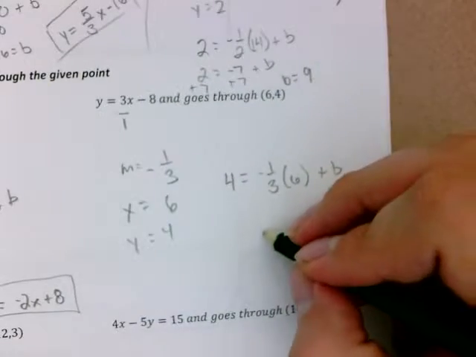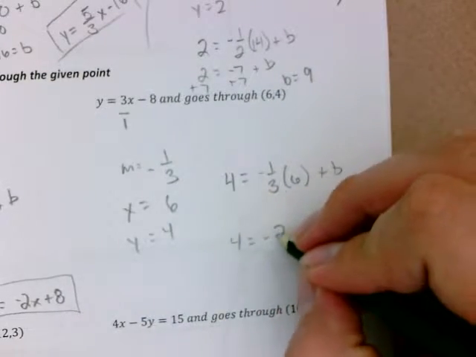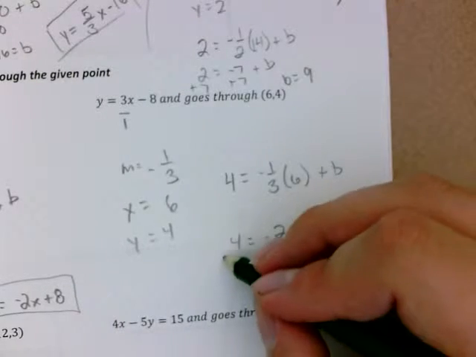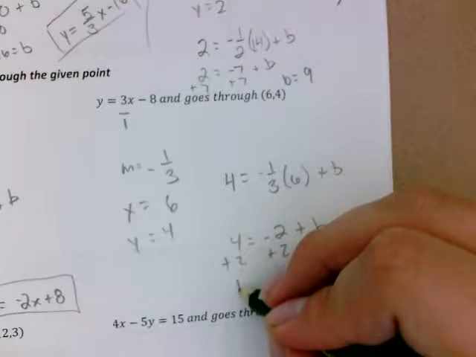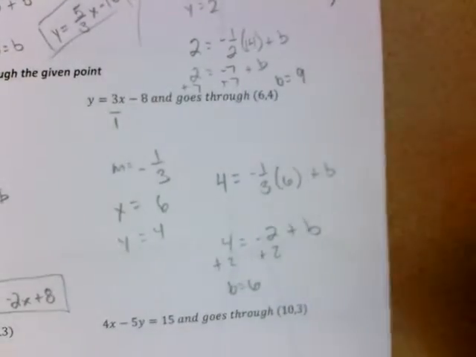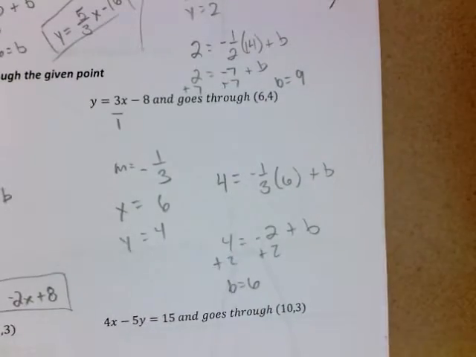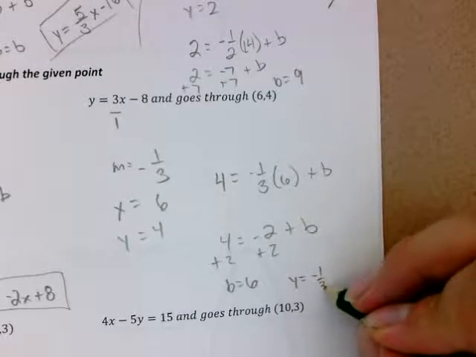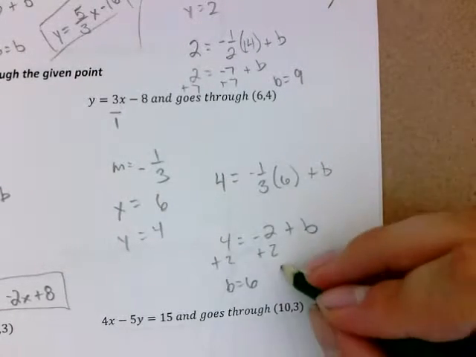When these two multiply, you get 4 equals negative 2 plus b. Get rid of this 2. B equals 6. So we know b is 6. We know the m is negative 1/2 wait negative 1/3. Y equals negative 1/3 x plus 6.